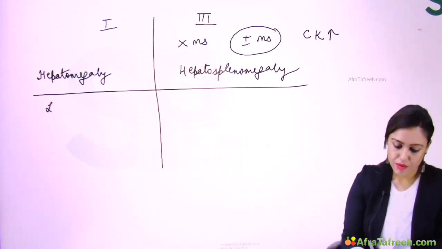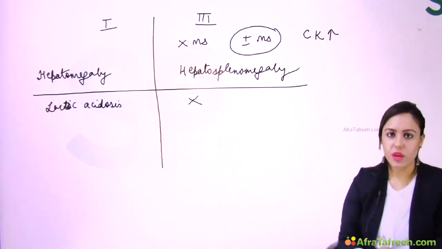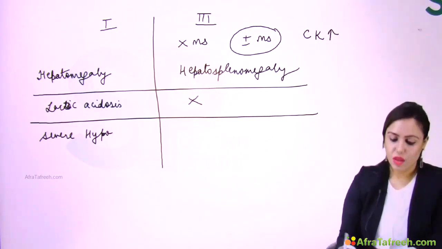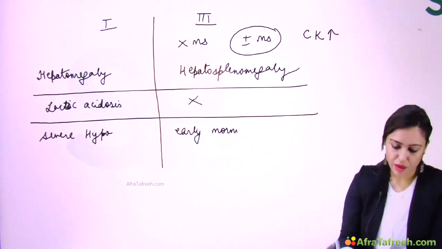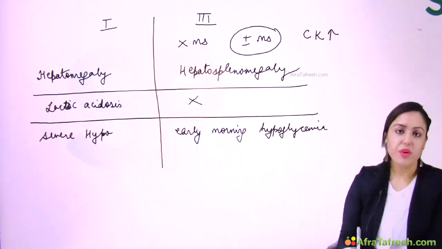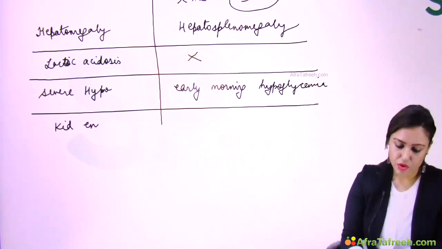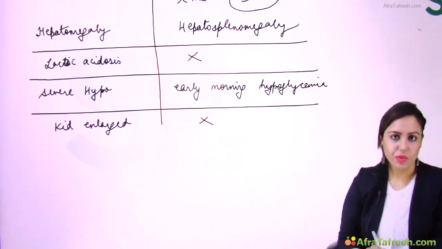Then there is lactic acidosis in type 1 patients, which does not occur in type 3 patients. In type 1 patients, there will be severe hypoglycemia, but in type 3 patients, usually these patients have mild hypoglycemia or early morning hypoglycemia. Then kidneys are enlarged in type 1 patients, but kidneys not enlarged in type 3 patients.